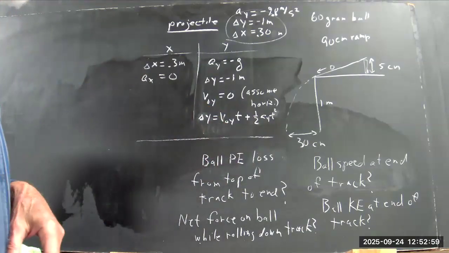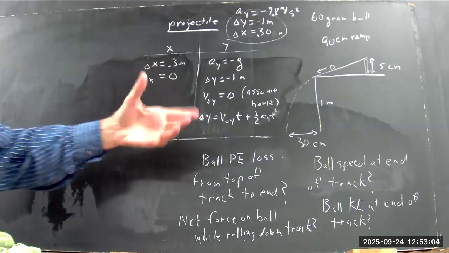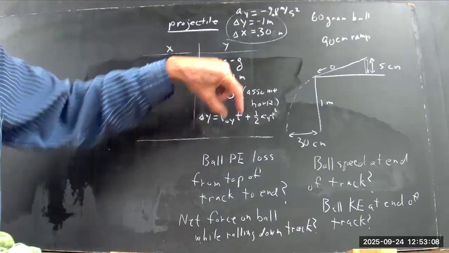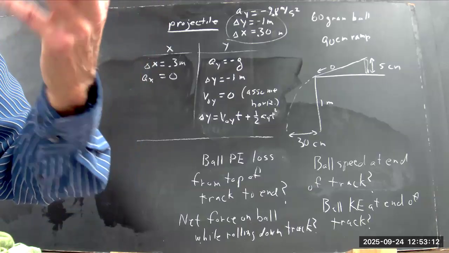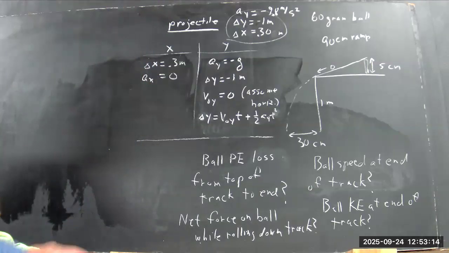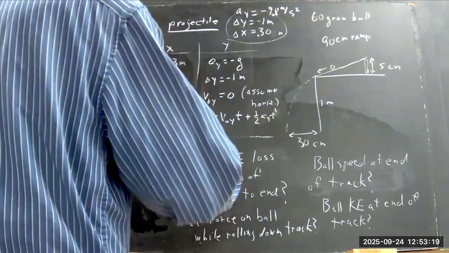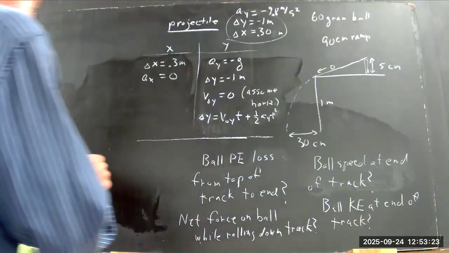It turns out to be quadratic, and you have to use the quadratic formula generally to solve it if v naught y is not 0. But v naught y is 0. So we can get t directly from this.